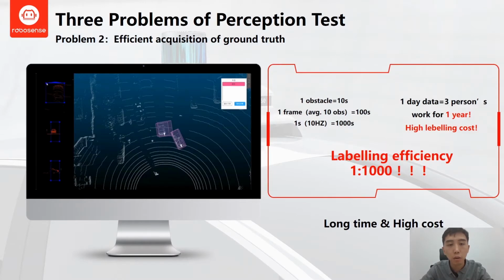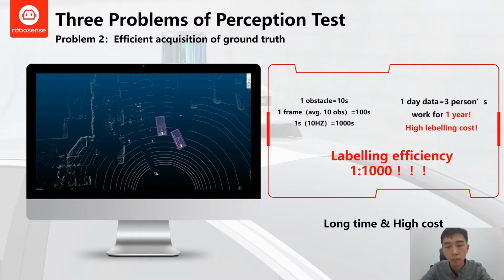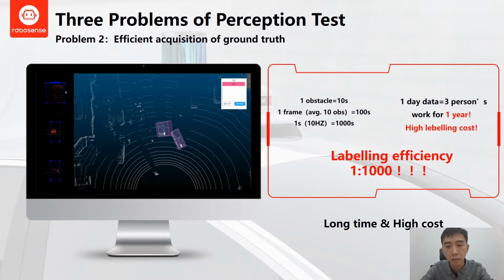The second problem we're going to meet is the efficiency problem. For some information I just talked about, say the class and the position of the target, we can use manual labeling to obtain very accurate ground truth data, right? But the problem with this way is it's too slow. Let's use LiDAR labeling as an example.